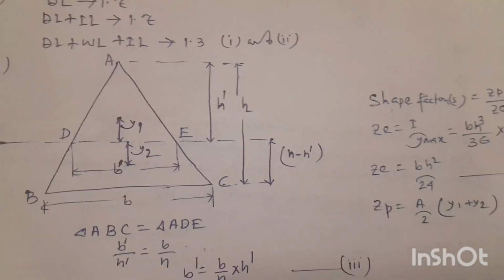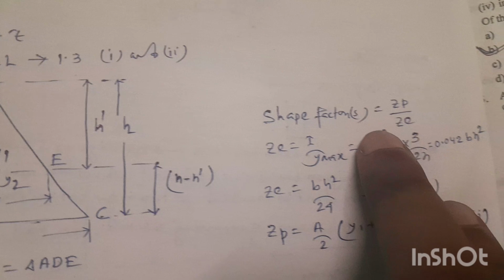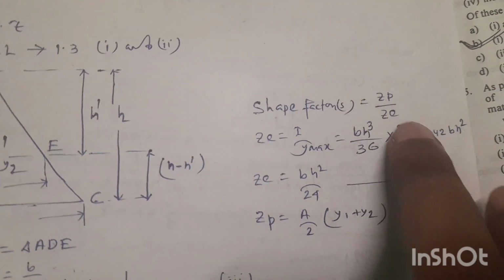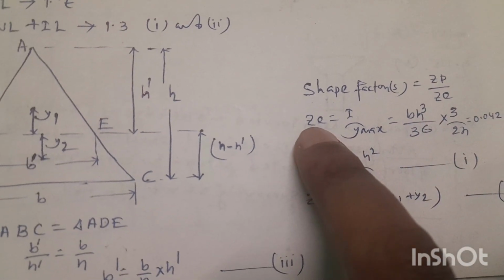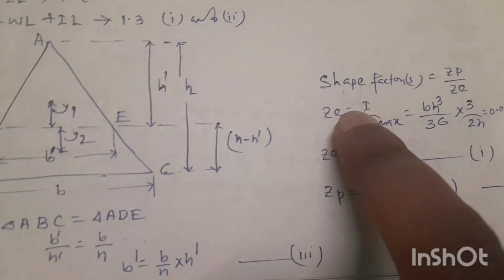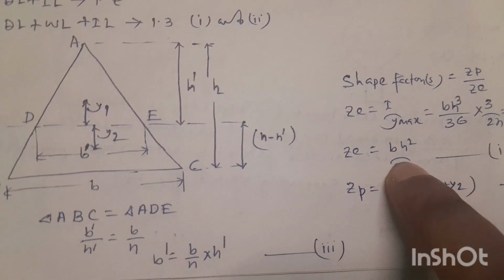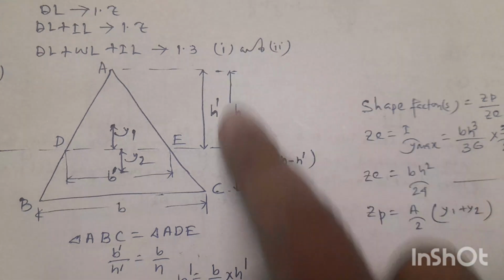We have to find out the shape factor of this triangle. We know shape factor S equal to ZP by ZD. ZP means plastic section modulus and ZD is the elastic section modulus, which is I by Y max. I is the moment of inertia and Y max is 2H by 3 of this full triangle.